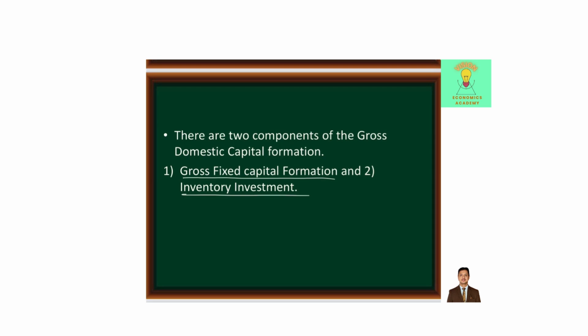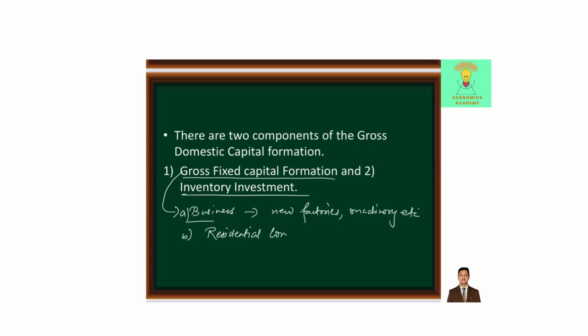Now, gross fixed capital formation includes whatever investment is made in businesses, right? By building new factories, buying new machineries, etc. Now, there is another investment made in residential construction.